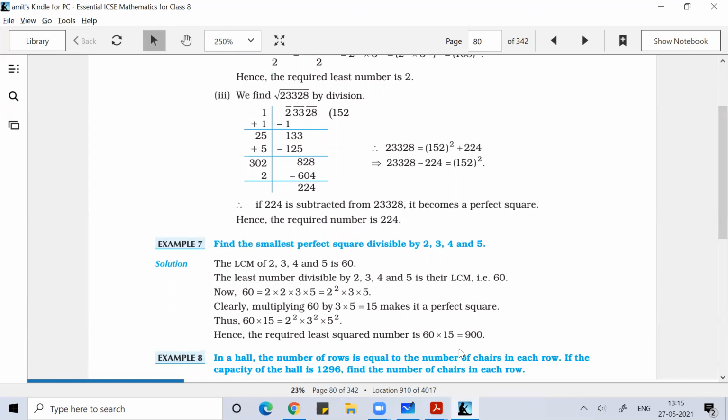So this I'm not sure. 1296 is 36 square. So 36 is the answer. That is what you have to do.